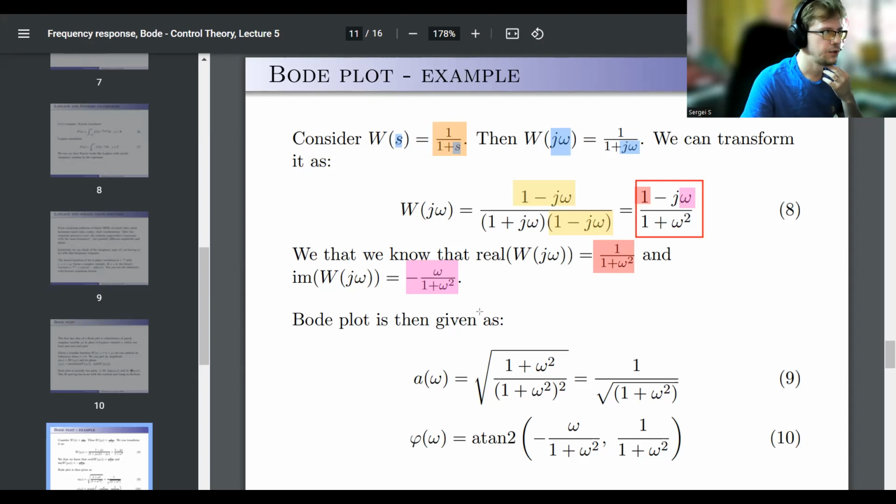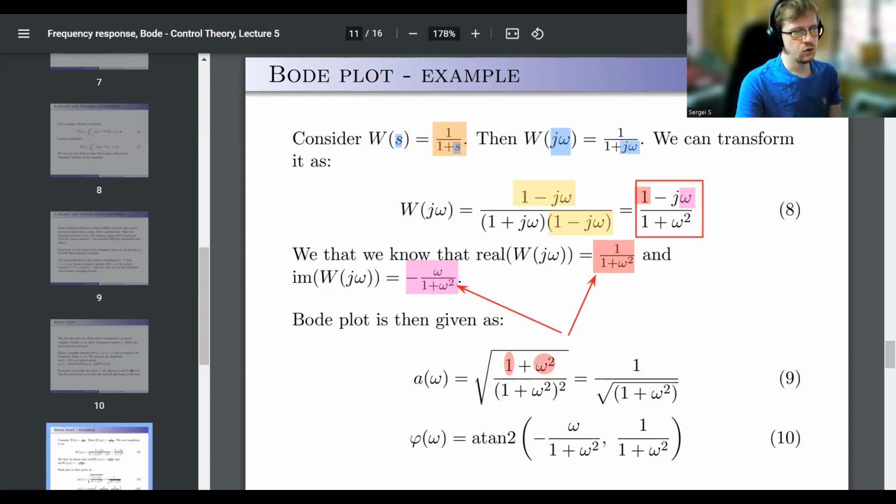So the Bode plot is then given by the following. First we need to find the absolute value. The absolute value of this number will be this squared plus this squared, square root. So you can see here 1 squared from here, omega squared from here, and the denominator is being squared.